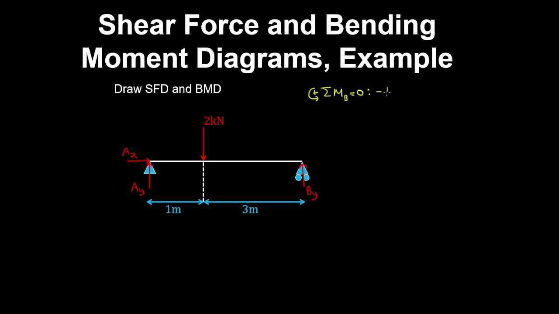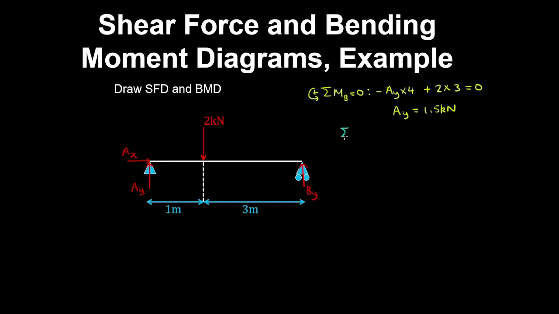we have a clockwise moment produced by reaction A multiplied by the moment arm, and then a clockwise moment induced by the external load by the moment arm, and that's all equal to 0. And therefore, solving for AY, we obtain 6 on 4 or 1.5 kilonewtons.